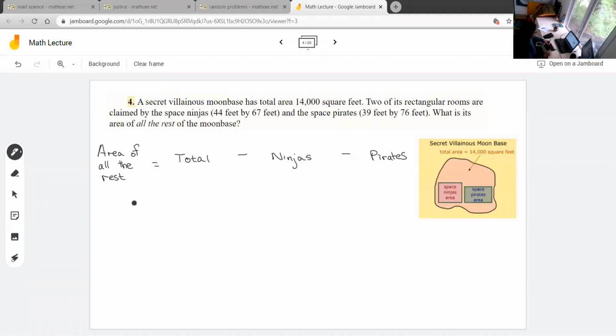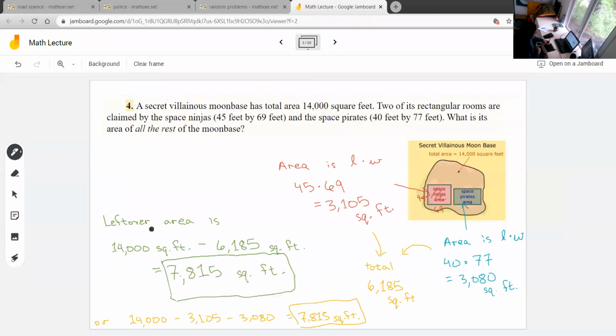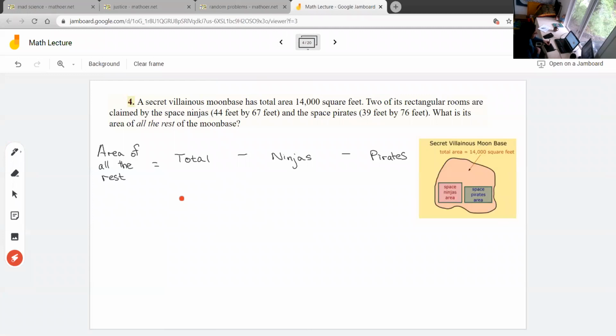I'm starting with my big overall plan, because once we get to those more puzzle-like geometry problems, it helps to have your plan first. On the previous slide, we ended up with the plan: find the total area and subtract what's already claimed by ninjas and pirates. We didn't really need that right away, but just to establish a good habit, I'm going to start with my big plan.